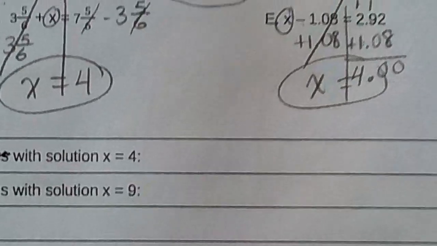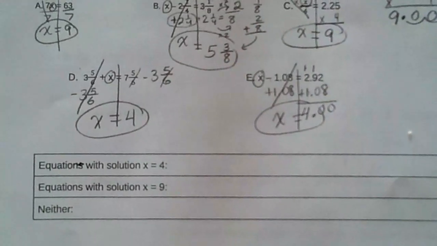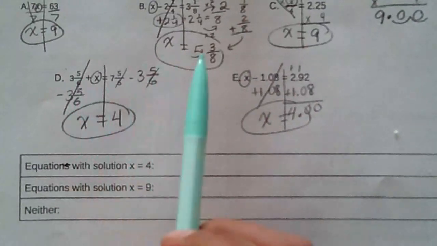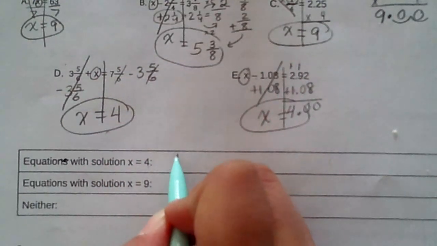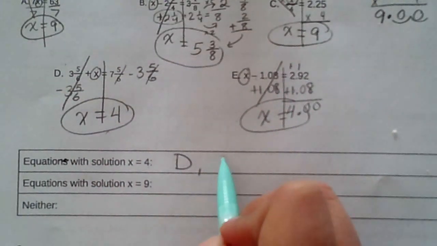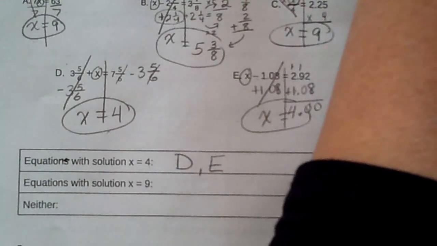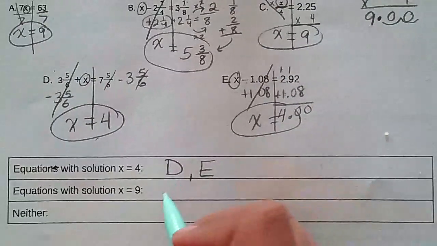So when you get to your SAVIS it is going to ask you to pick the equations with the solution x equals 4. Well, this equation, D, the solution is 4, and E, the solution is 4. It's also going to say, what are the equations where x equals 9?